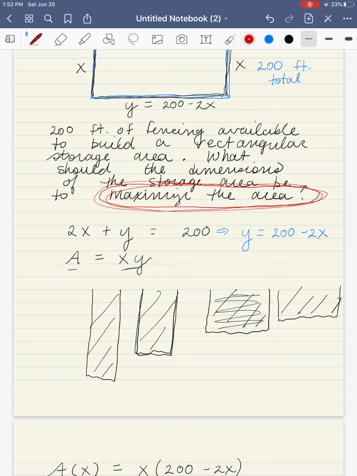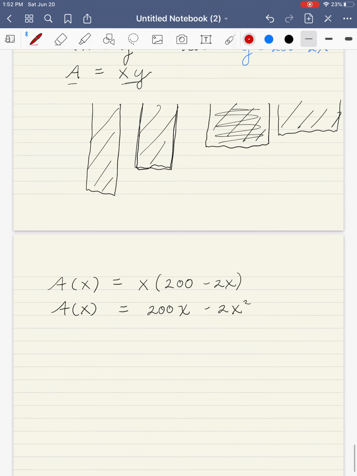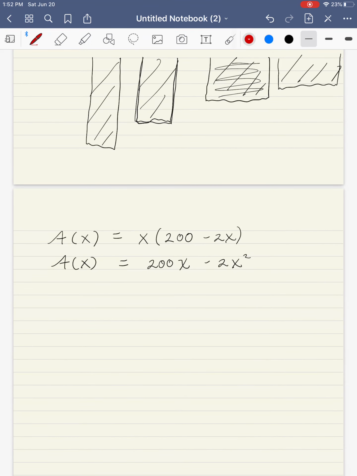Now let's look back at our problem here. What we were trying to do was maximize my area. And notice what I have here is a quadratic function. If I rewrote this in standard form, putting the x squared first, I would have minus 2x squared plus 200x. Notice I have a minus right here.